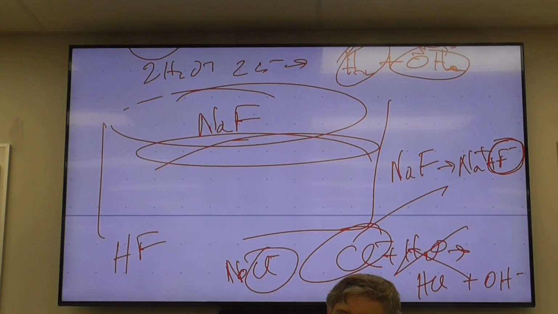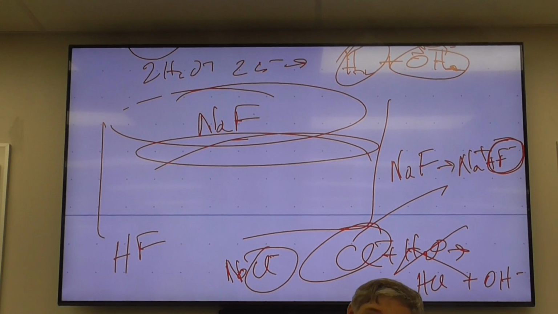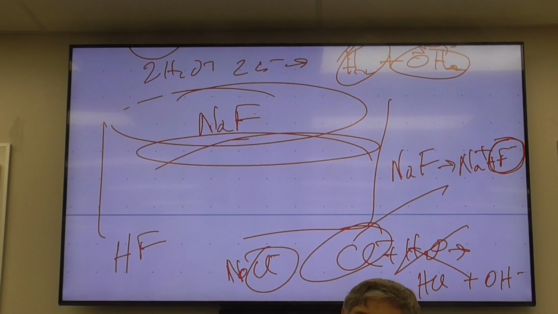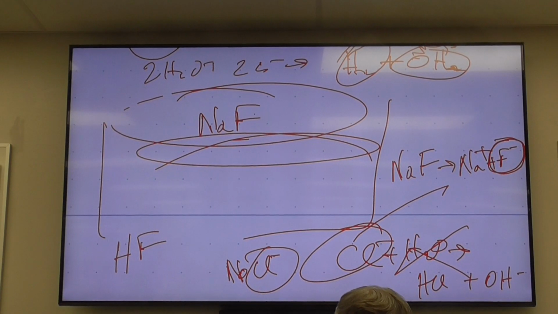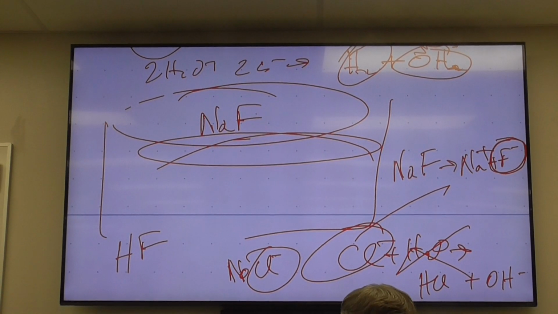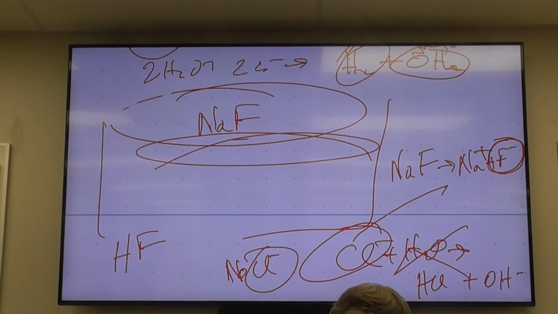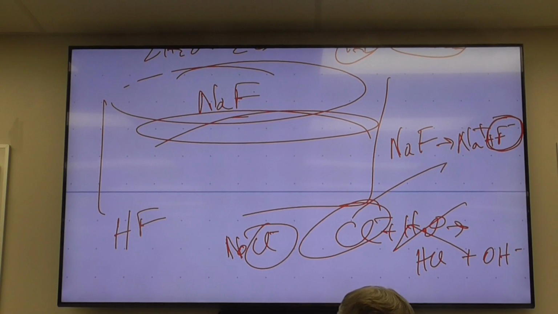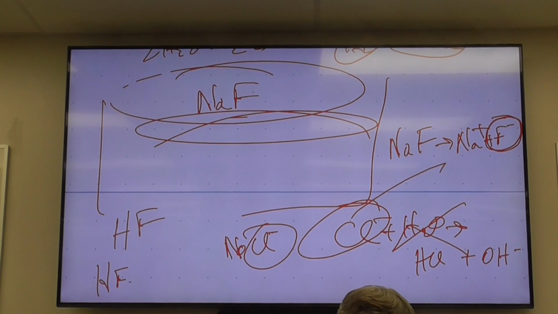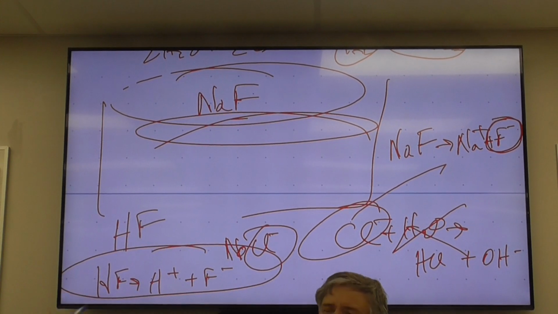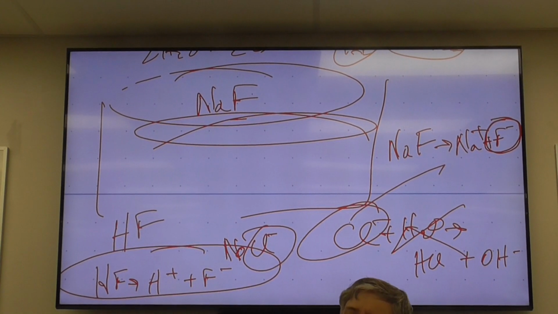It's a small number, which means it is not spontaneous. You would have a negative E naught value, so if you take hydrofluoric acid and try to ionize it, that is not favored in the forward direction. That's why you have a small Ka value.